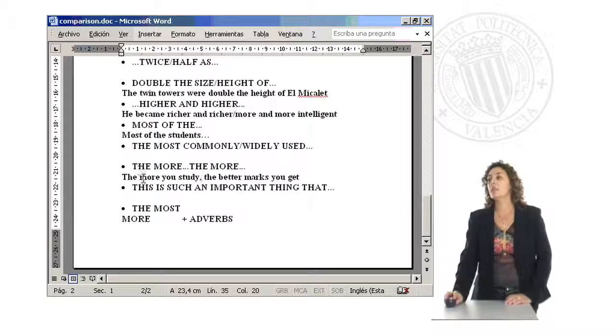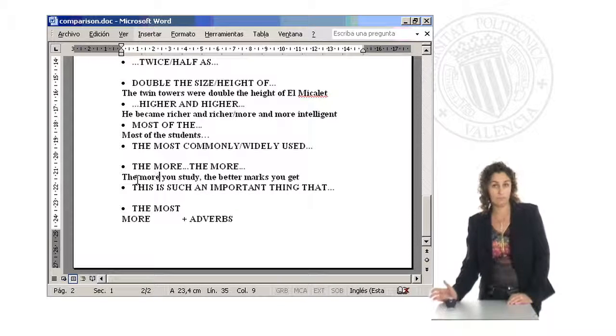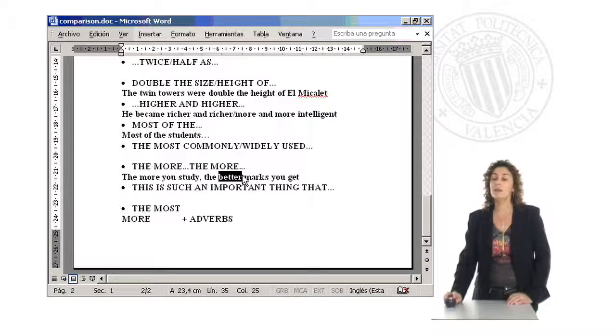Here we say the more because really we are defining, qualifying the effort. But we could say the busier, the more tired. We can use this form, like better, here or in the second part of the comparative structure.